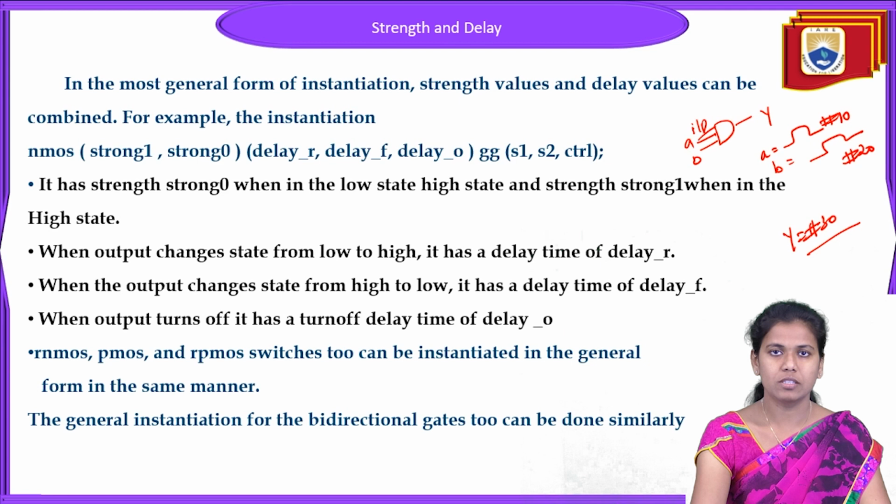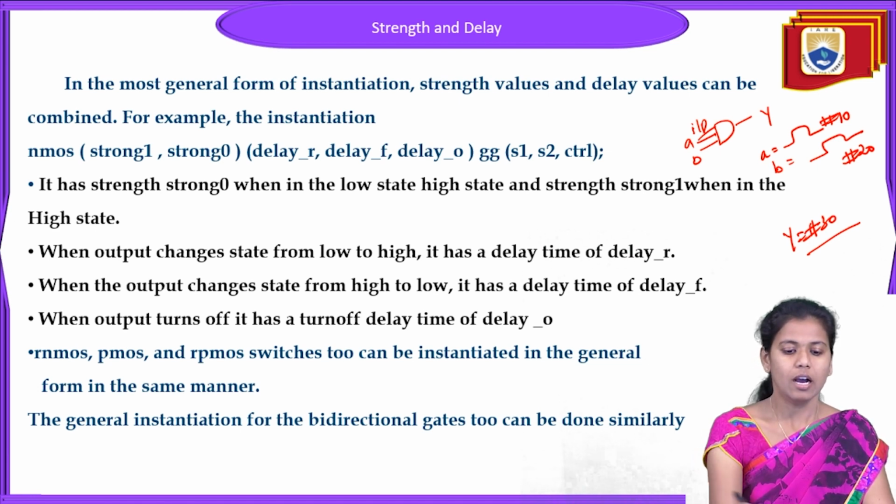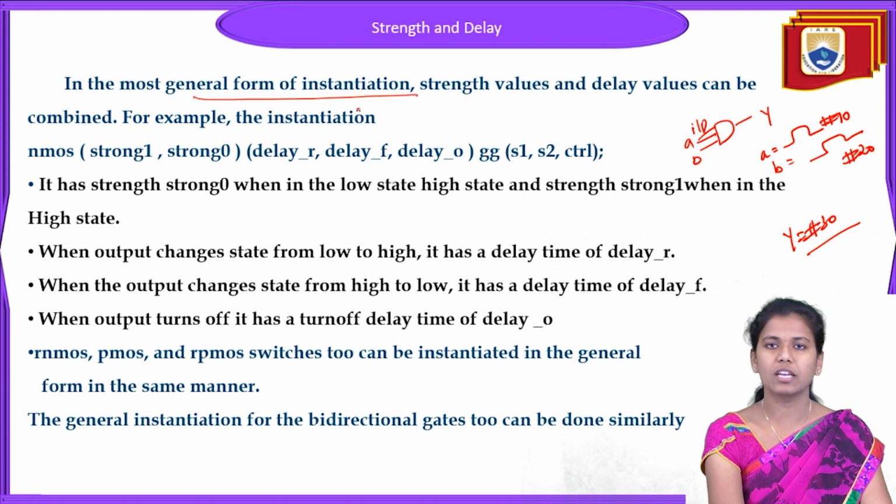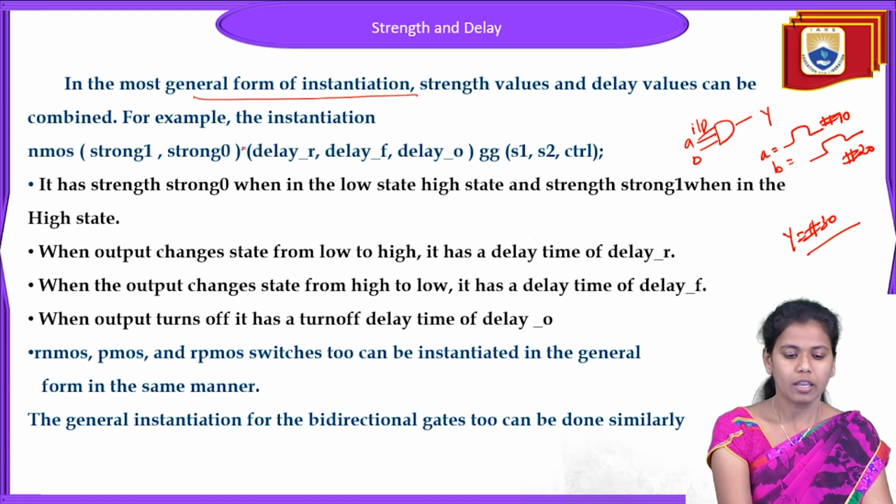Coming to the strengths, the more the strength, the less the delay, and the less the strength, the more the delay will be. That means strengths and delays are inversely proportional to each other. So today's topic is instantiations with respect to strengths and delays. In the most general form of instantiation, strengths and delays can be combined.